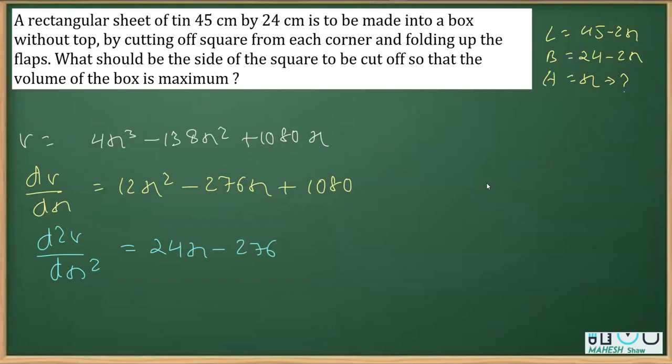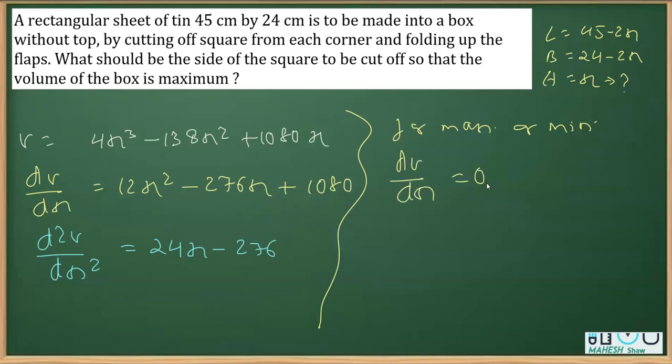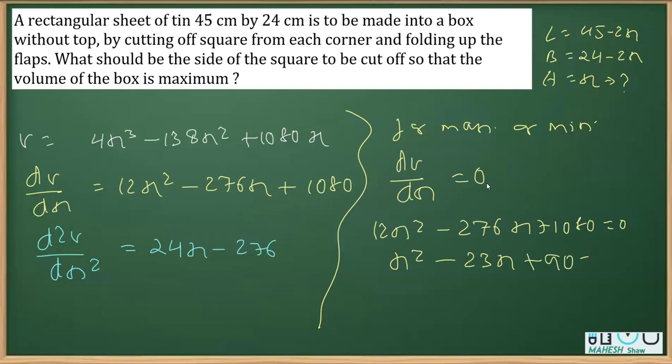Now we compare dV by dx with 0 in order to get the critical points. For maxima or minima, dV by dx should be equal to 0. Comparing 12x squared minus 276x plus 1080 with 0, I can see 12 is common. So this is x squared minus 23x plus 90 equal to 0.